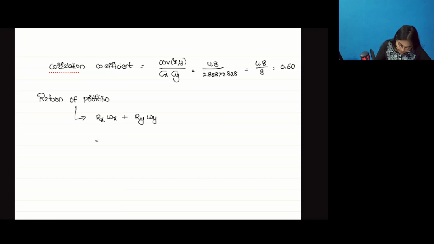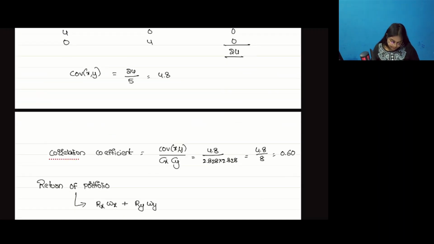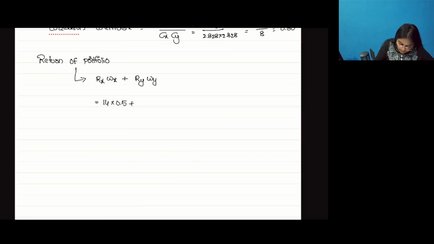Return of x we have already calculated is 14 and return of y is 16. 14 into 0.5 plus 16 into 0.5, that is 7 plus 8, 15.